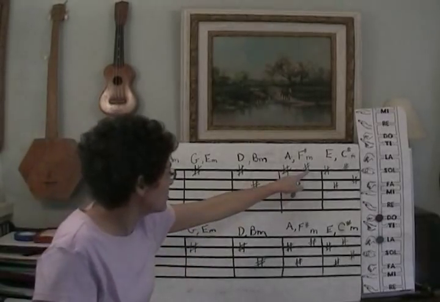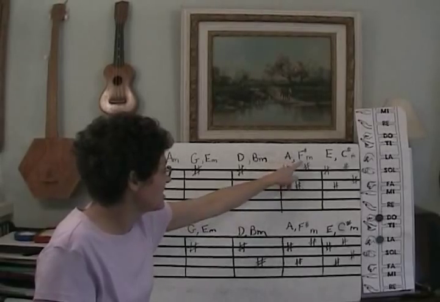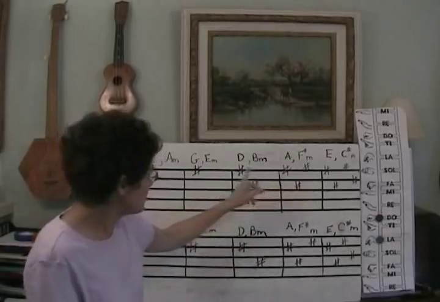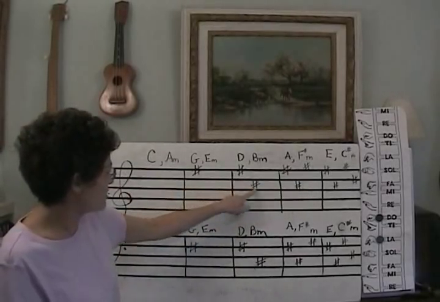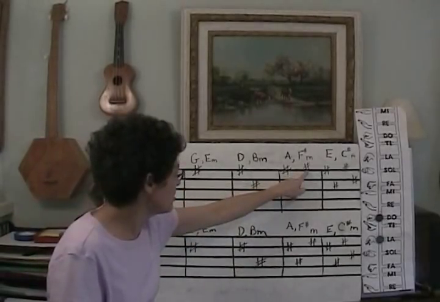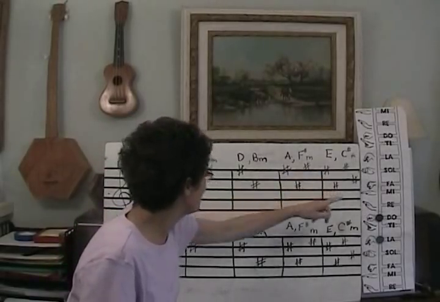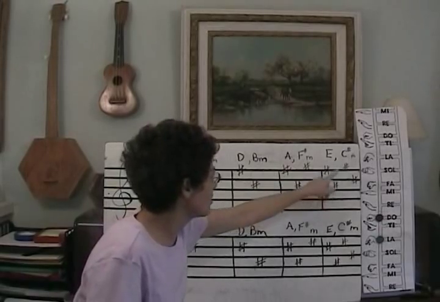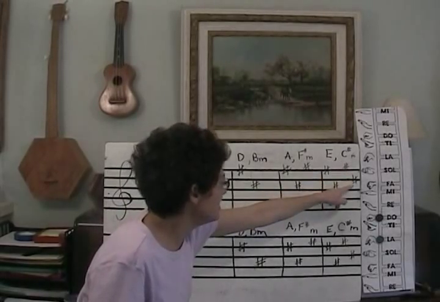But if you look at the last note in the song and it's not an A, if it's an F sharp, then you'll be in the minor key. And then we go on to four sharps. So we have F sharp, C sharp, G sharp, and D sharp.